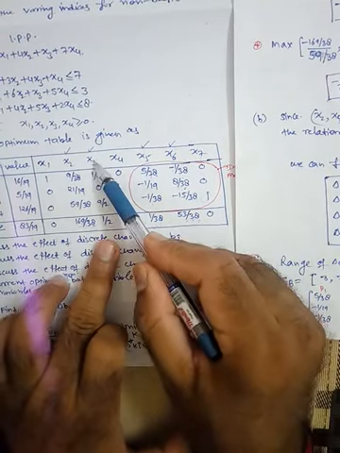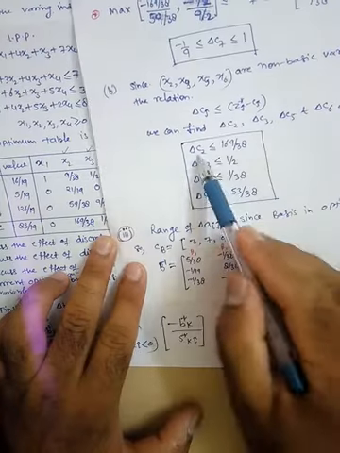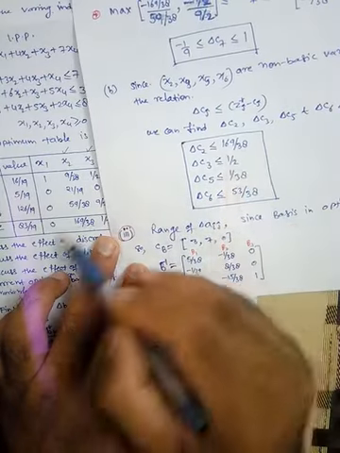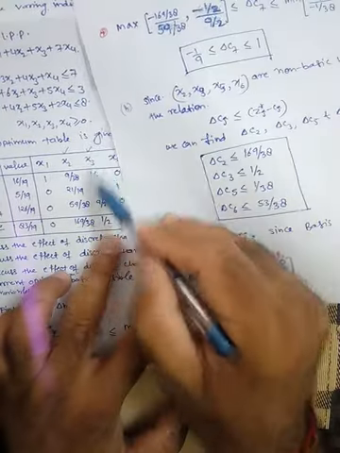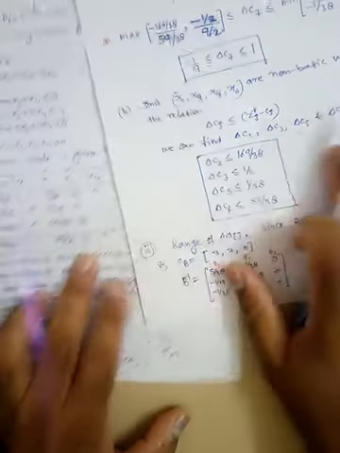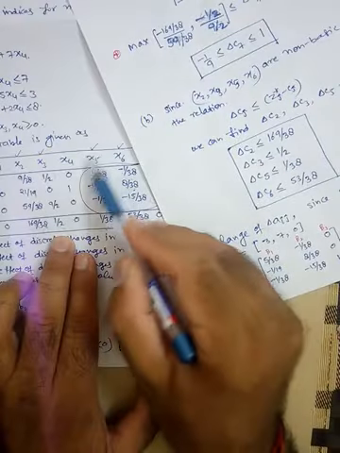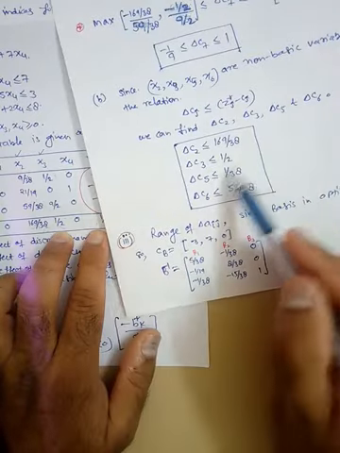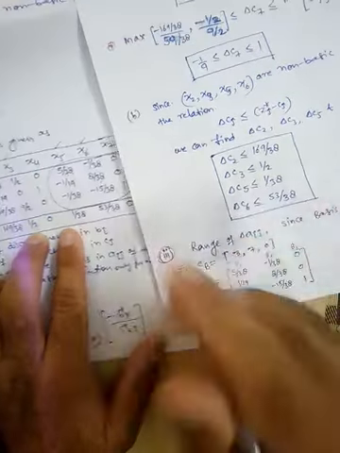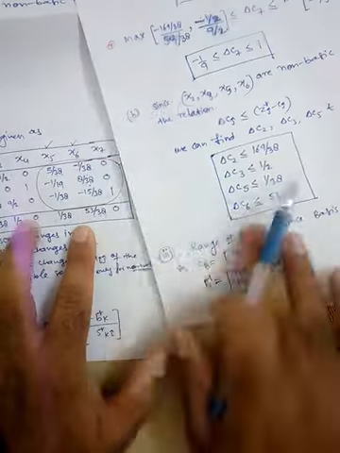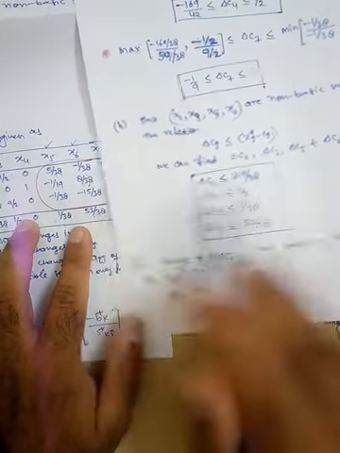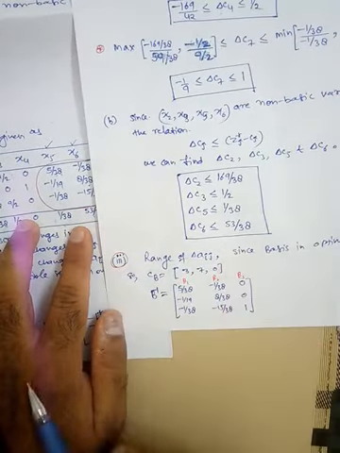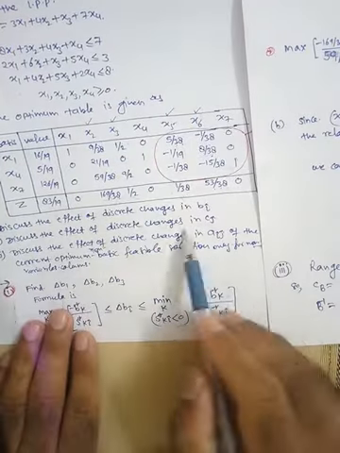For delta c3, this is less than half. For delta c5, less than or equal to 1 by 38. And last is delta c6, which is less than or equal to this value, which is 53 by 38. Fine. So this is how to find the range for Cj.